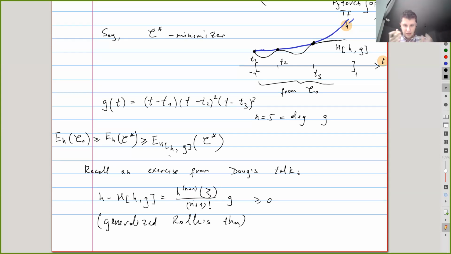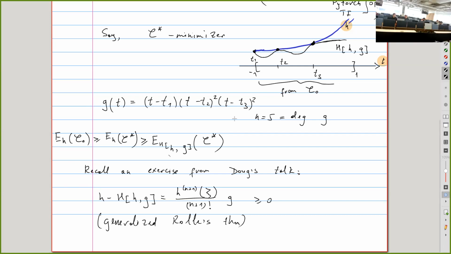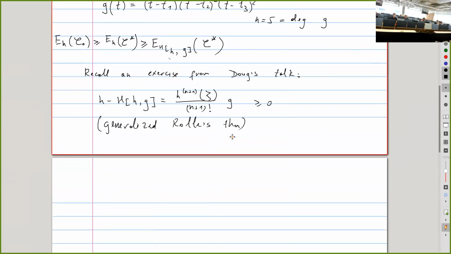In Doug's talk, the way it is phrased there, you need absolute positivity, which means an infinite number of positive derivatives. In general, you don't need that. You just need exactly as many as the degree of the polynomial. That's why the general theorem assumes non-negativity.